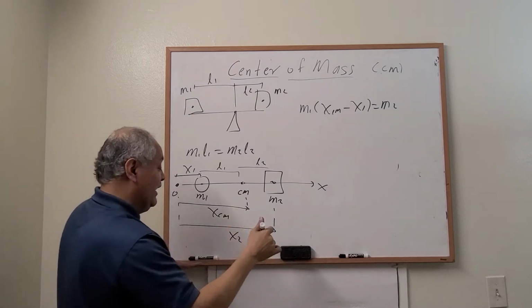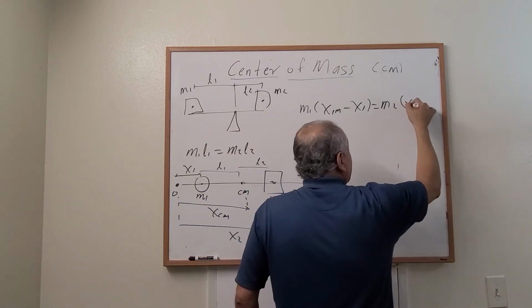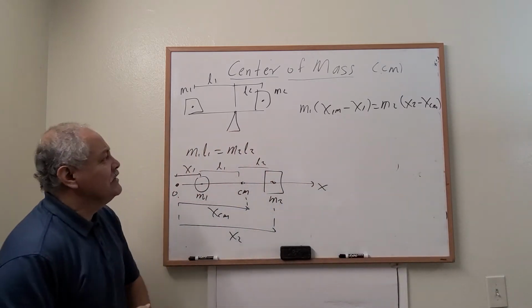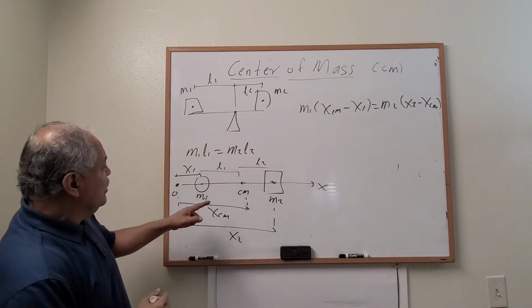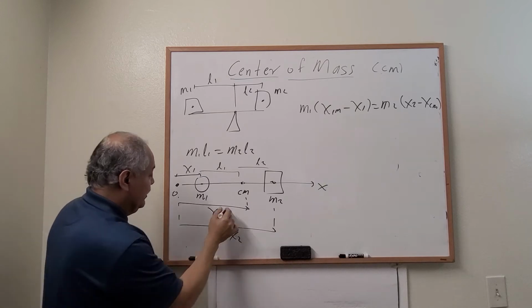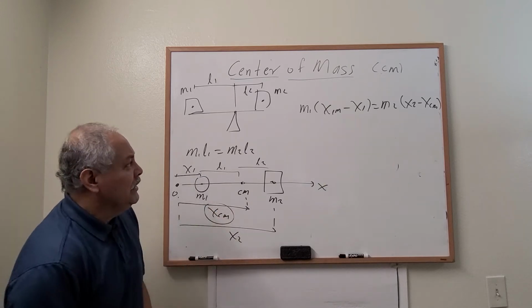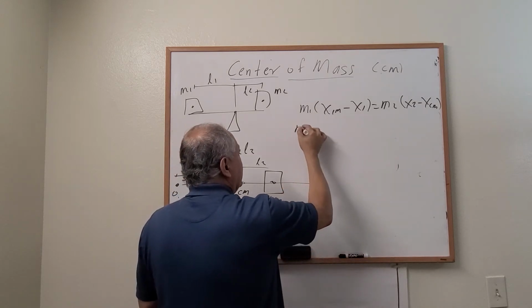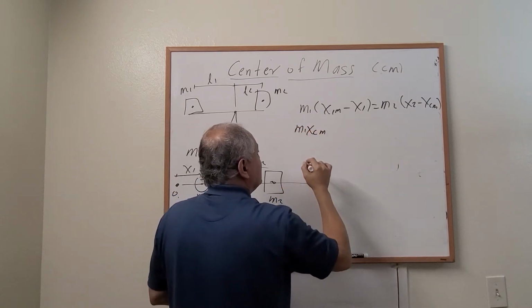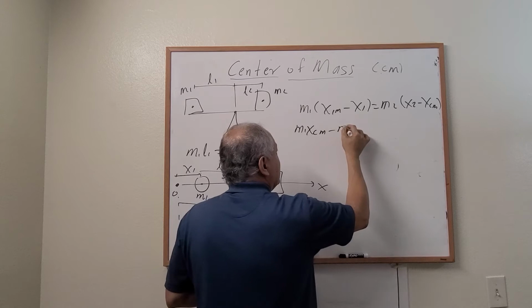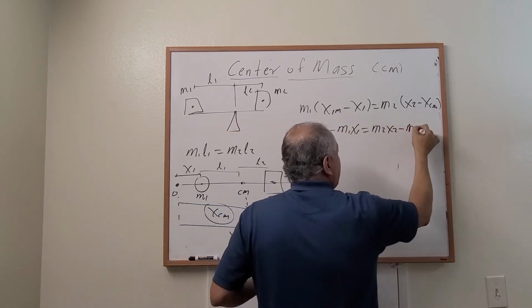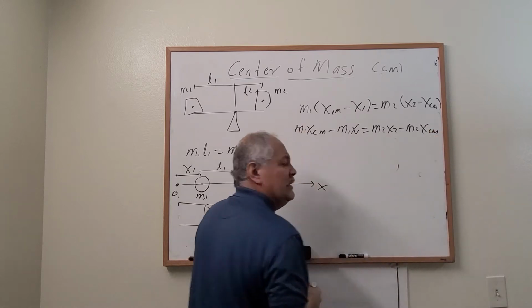Okay, so now we have X2 minus X CM. Now, because we're looking for the center of mass, looking for that quantity, let's solve for that quantity. Perfect. So what do we have right here? M1 X CM minus M1 X1 equals M2 X2 minus M2 X CM.